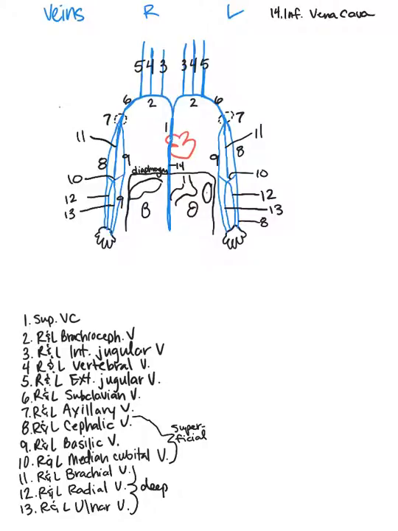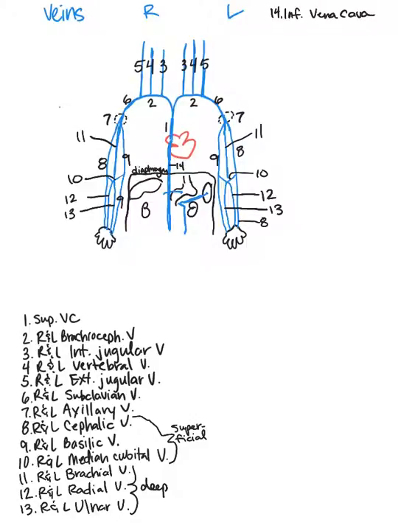So we have the splenic vein, you have the gastric vein. So the splenic obviously drains the spleen, the gastric drains the stomach, then you have the inferior mesenteric, which is going to drain most of the large intestines.